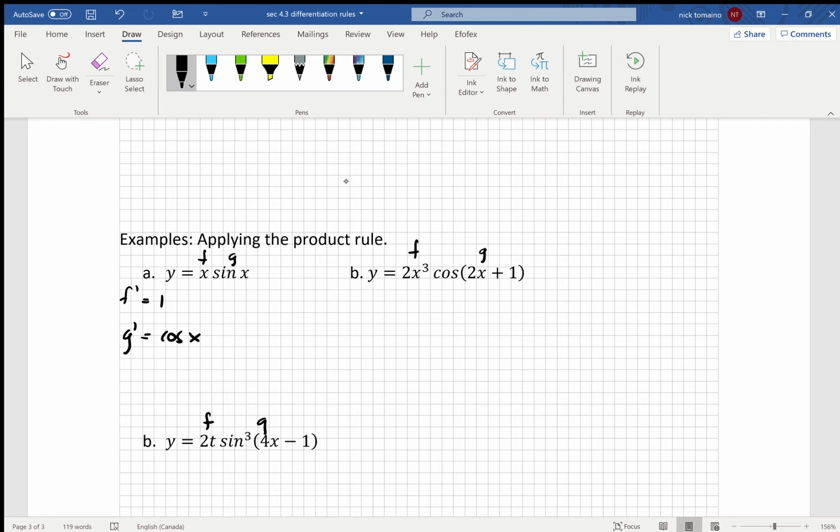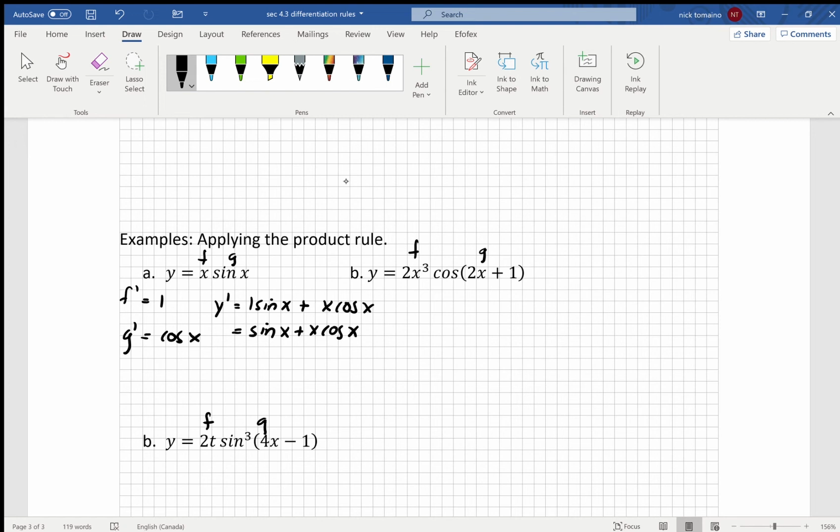Okay, and then we get Y prime is equal to F prime 1 times G plus G prime times X, or F, so it's X cosine X, which is equal to sine X plus X times cosine X. All right.